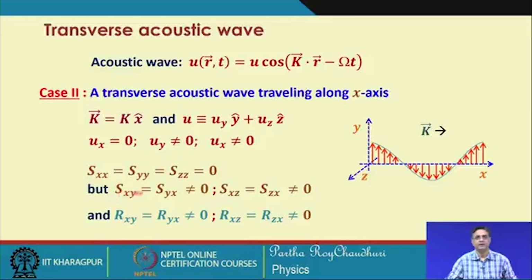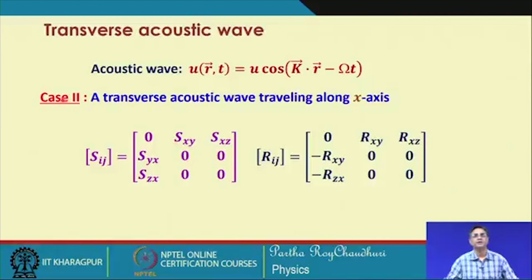But S x y equal to S y x, these elements are non-zero. That is a consequence of the compression and rarefaction in these directions. And r x y, r y x are also not equal to 0, because these are the consequences of the del u 1 by del x 1 terms and so on.